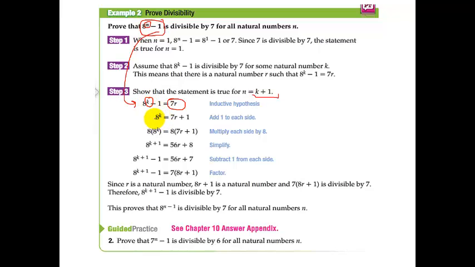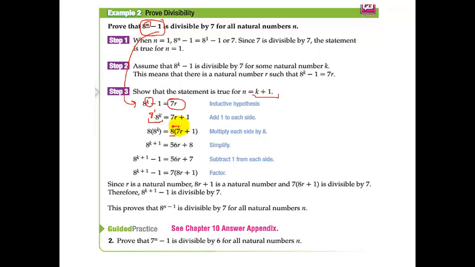If you multiply this side by 8 to the first power, then by the rule of exponents, you add the power of 1 and k, and you get k plus 1 as the new power. Multiply by the 8 to the first power, add the exponents, and you get 8 to the k plus 1. But of course, if you multiply one side by 8, you have to also multiply the other side by 8. That's why they have this times 8 right here.